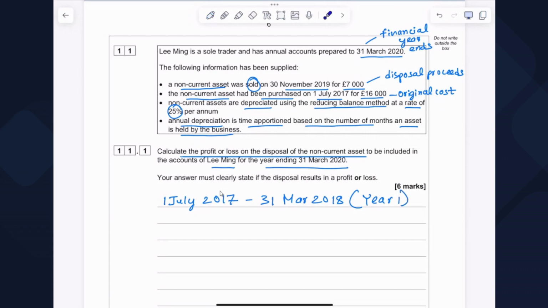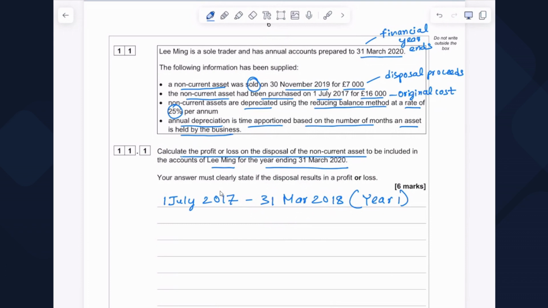Now, where did I get 31 March 2018? As you know, at the very beginning of the question, we understand that the business has a financial year that ends on 31 March 2020. So once you have identified it, it's very important that you know what to do when it comes to understanding when your year starts and when your year ends.